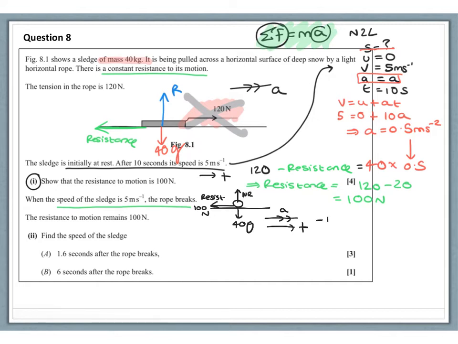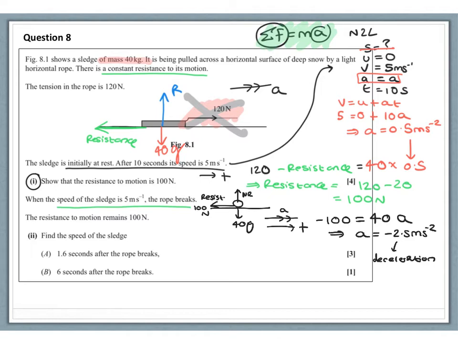So my F equals ma gives me minus 100 equals the mass 40 multiplied by the new acceleration, which gives me an acceleration of minus 2.5 meters per second squared. What does that mean? We've got a deceleration. Of course, the resistance force is causing the sledge to slow down because there is no 120 newton force pulling it along.